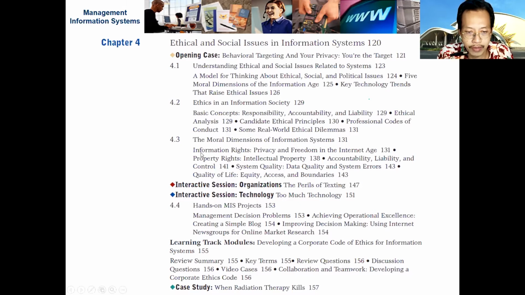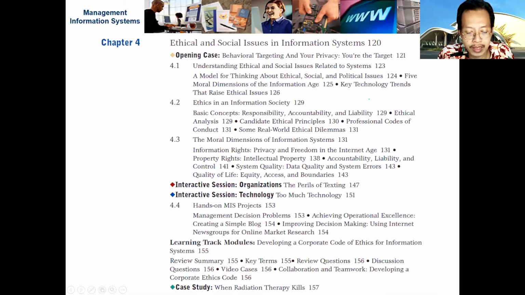And then you have the contents here, and in the middle, in this chapter, 2 extra case studies called interactive sessions. Why is it interactive? Because there are hands-on projects that you can work on after the interactive session. And at the end of the chapter, there are longer case studies with questions in them.